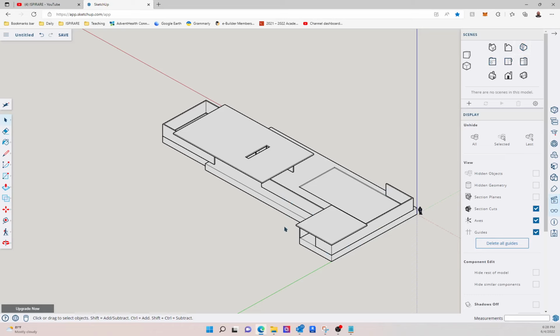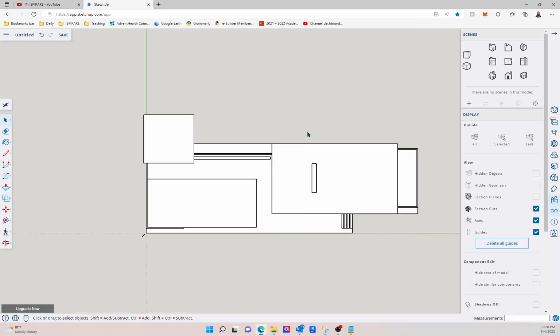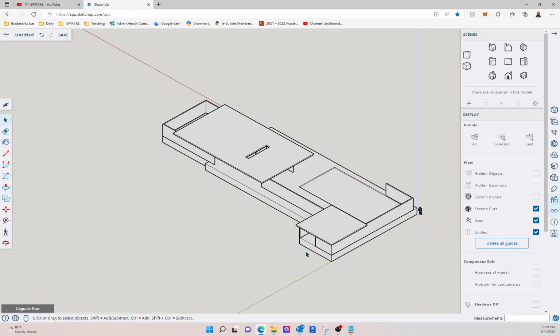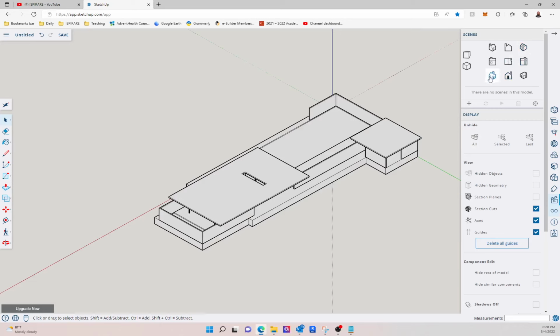But it's two sides. In this case, if plan is up, right? So this is plan. If this is north, then this would be looking at the north and west facades of this building. This one is looking at the north and east facades.